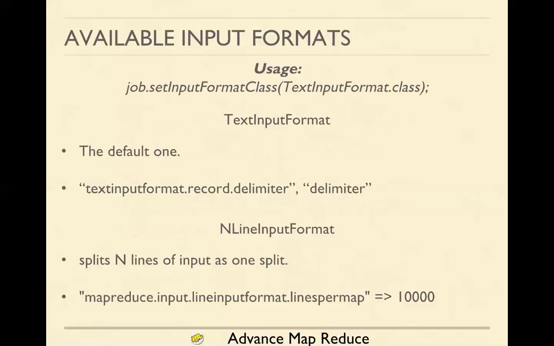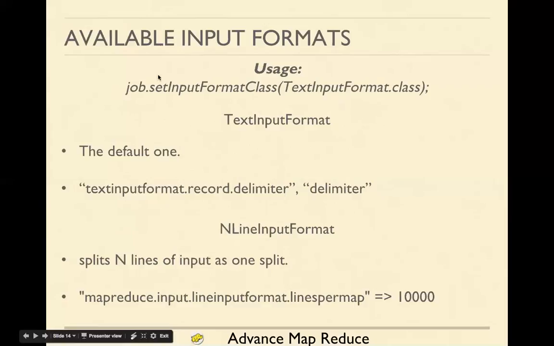The usage goes like this. The job variable that we had, which we use for setting the driver as well as the mapper and reducer class, we can also use to set the input format class on the job itself. By default, it is the text input format class.